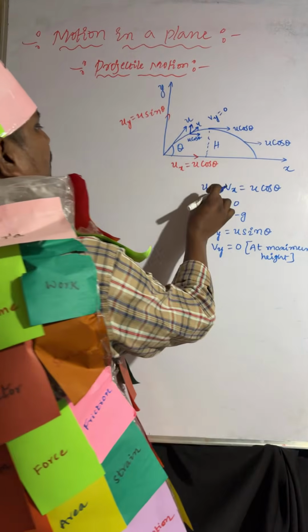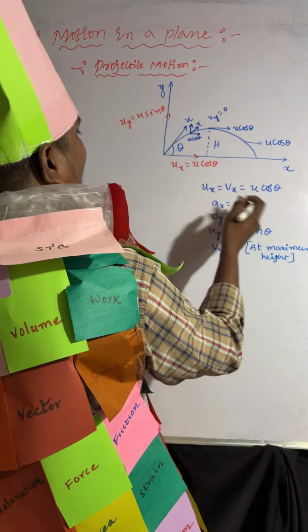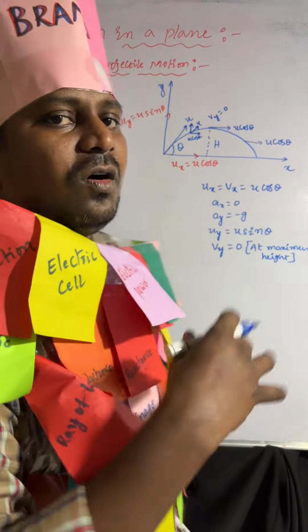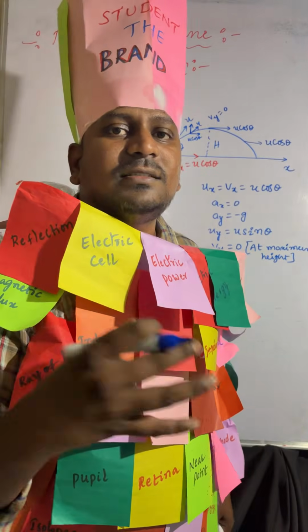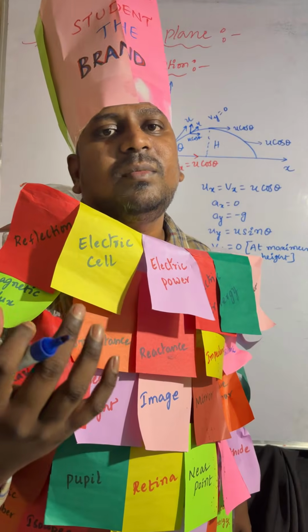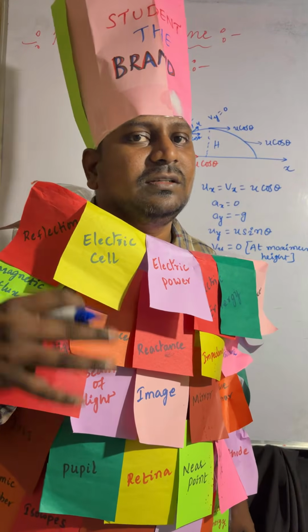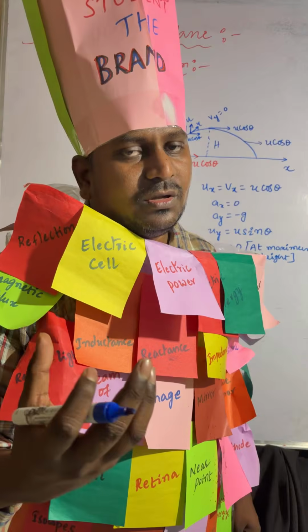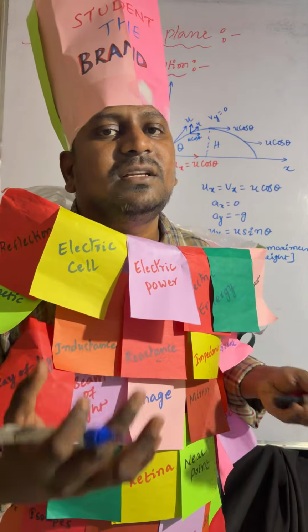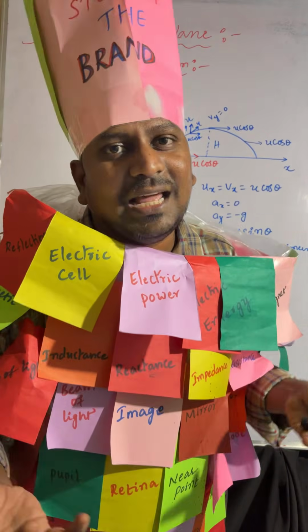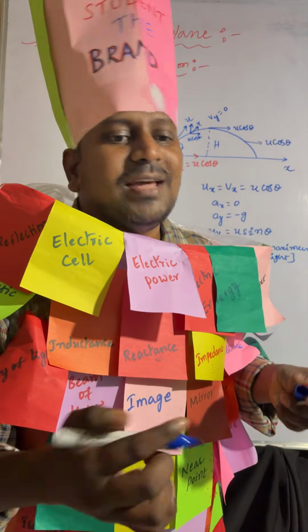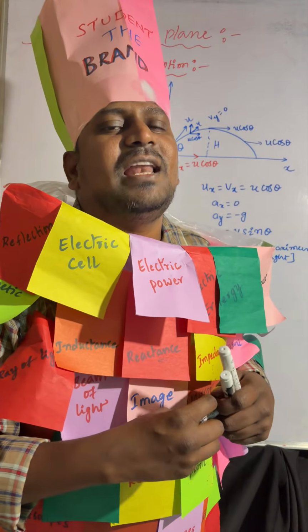Once again, ux equals u cos theta. Along the horizontal direction, u cos theta is constant, so automatically ax equals 0. Along the horizontal direction, acceleration is 0 because there is constant velocity.